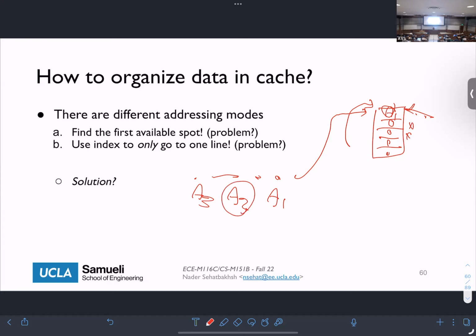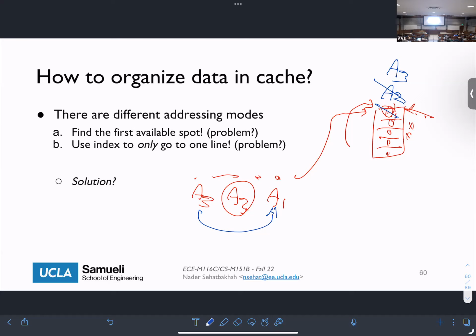Then A2 comes and wants to write into the same spot, so A2 needs to kick out, or what we call evict, A1, and replace it with A2. Then A3 comes, evicts A2, and A3 is put there. Then if the next time A1 comes, you'll see that A1 is no longer there. Versus if we had 4 available spots, A1, A2, and A3 could all have been in this cache if we had used the first opportunity, right?